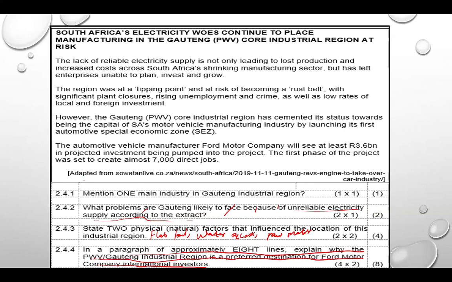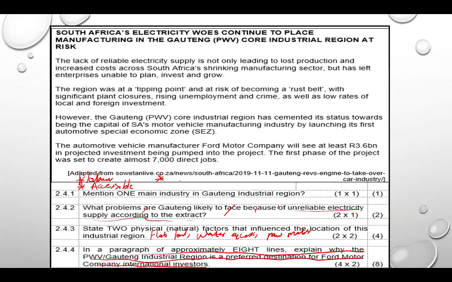Number one, you look at the availability of labor. PWV has access to labor. You look at, again, its accessibility. It is highly accessible. What else do you look at, because it's a preferred destination for this company?